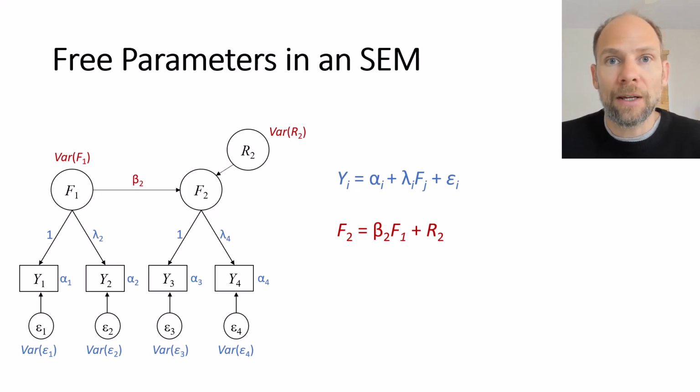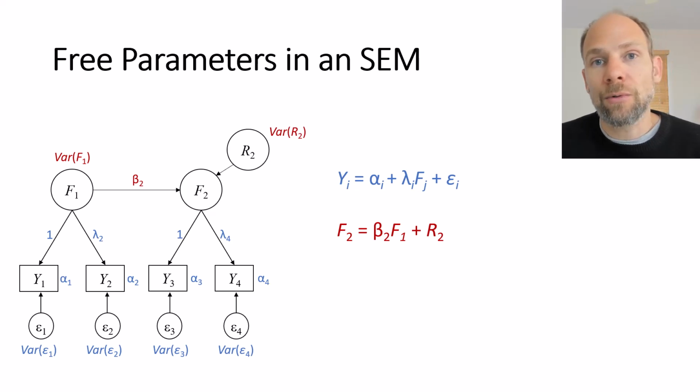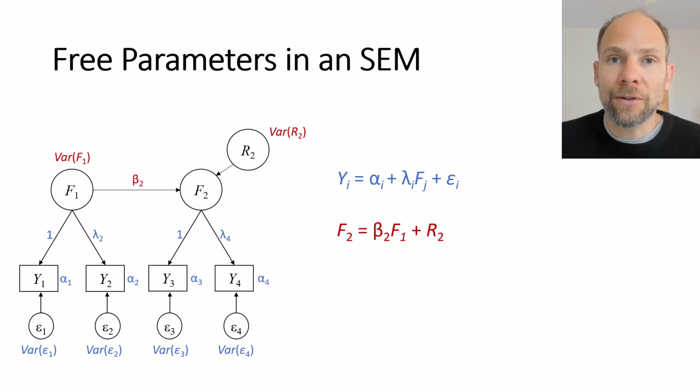Instead, we're estimating the residual variance for that factor, because the variance of f2 is a function of beta, the variance of f1 and the residual variance. And so therefore the variance of f2 itself is not a free model parameter. It is determined by other model parameters. So those are the parameters that we would estimate in an SEM.